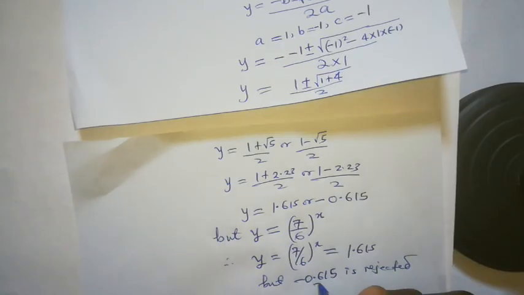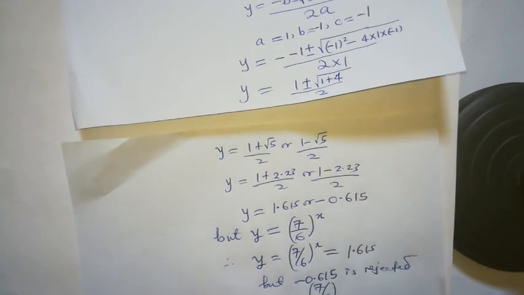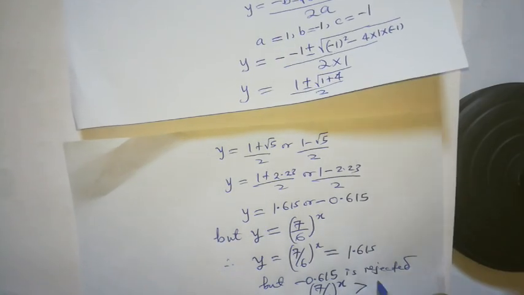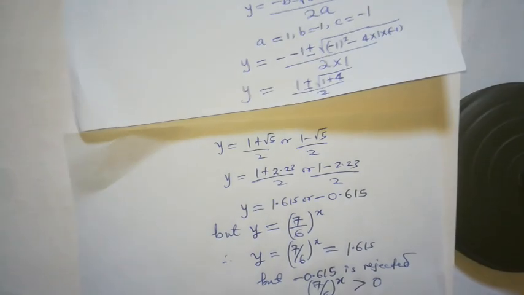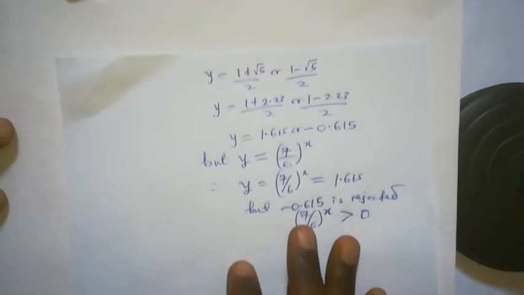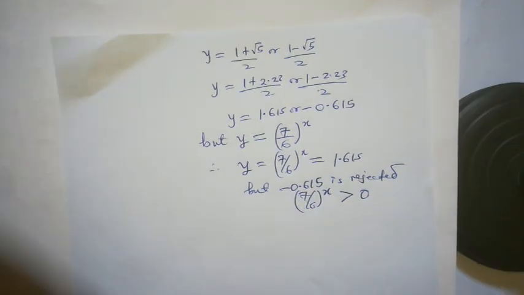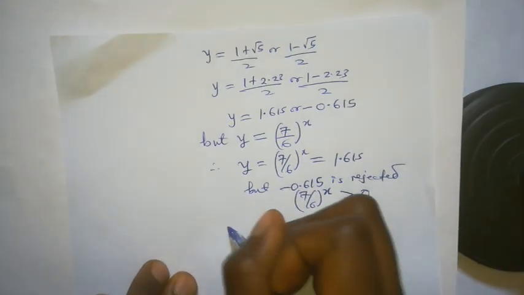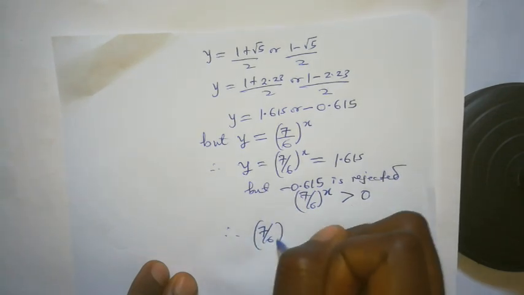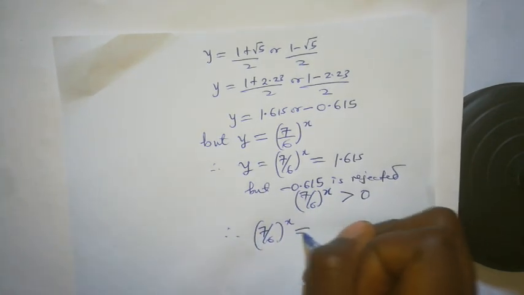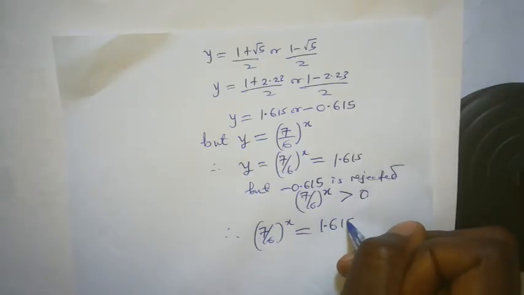Why? Because 7 over 6 all to the power of x is greater than 0. So in that case, we can only say 7 over 6 all to the power of x is equal to 1.615.